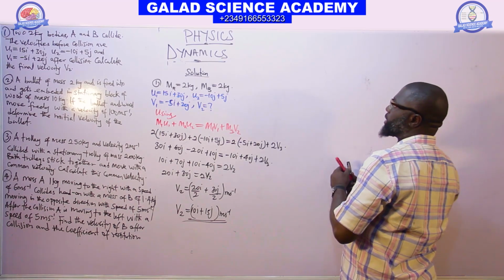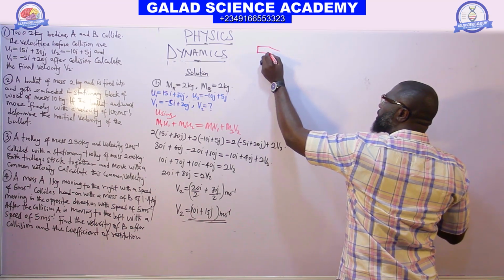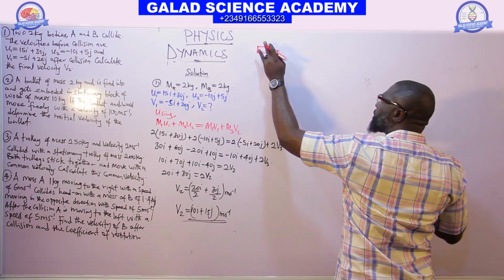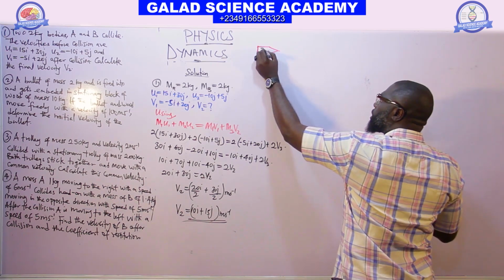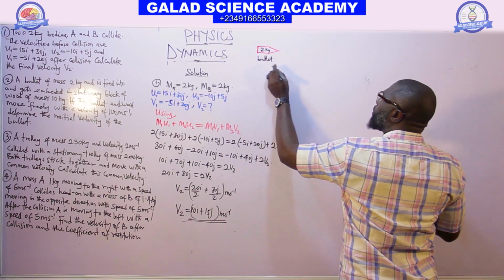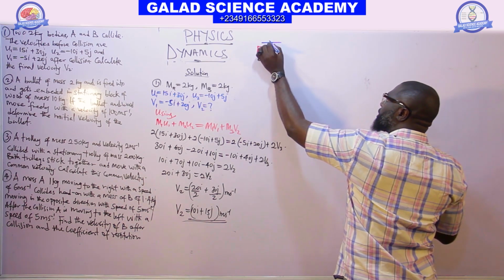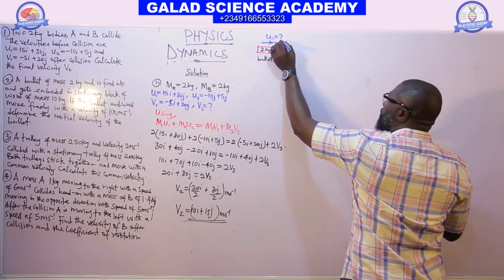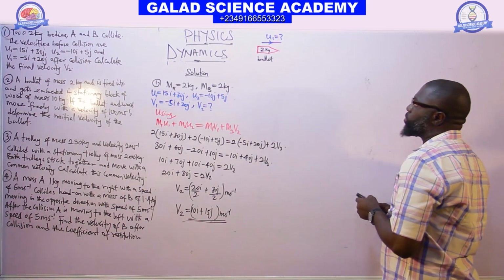They said a bullet. Let me draw the bullet. Assume this is the bullet. What is the mass of the bullet? 2 kg. We call it the bullet. It is moving along like this and the velocity is u1, which is unknown. Good. And they said the bullet is embedded in the block.